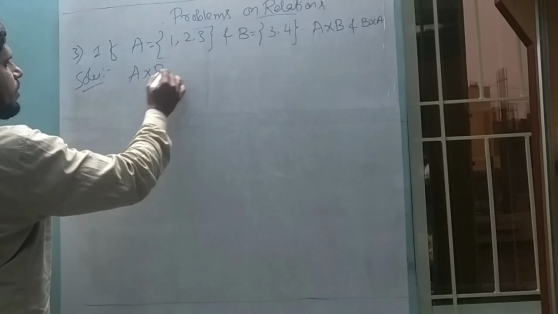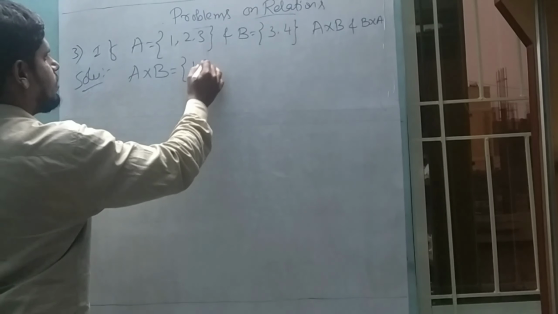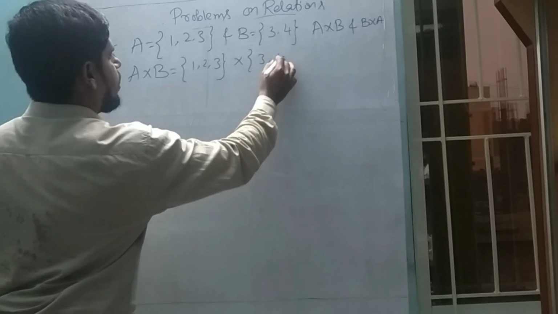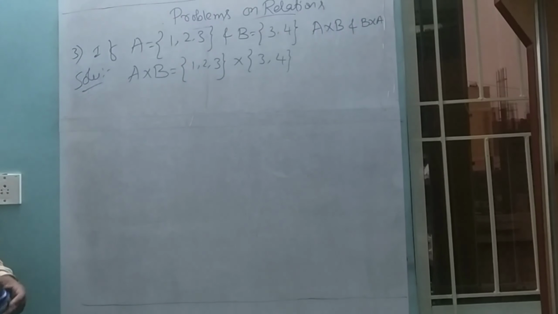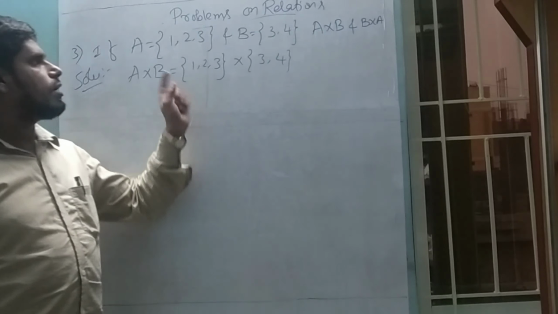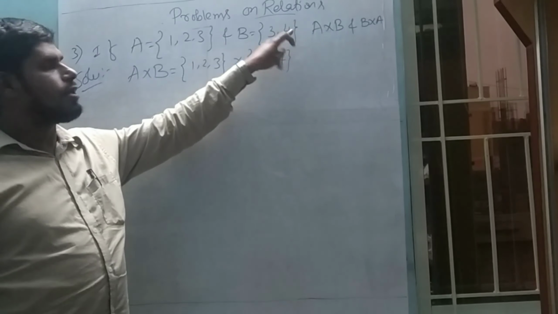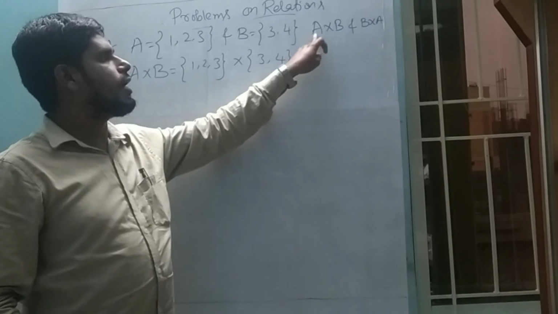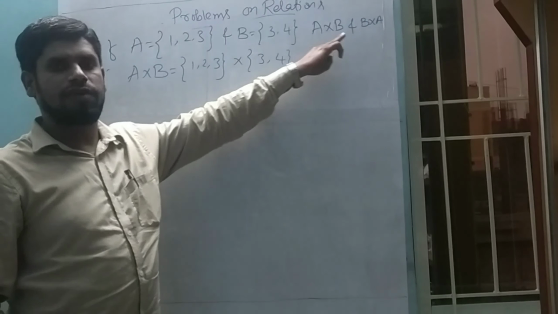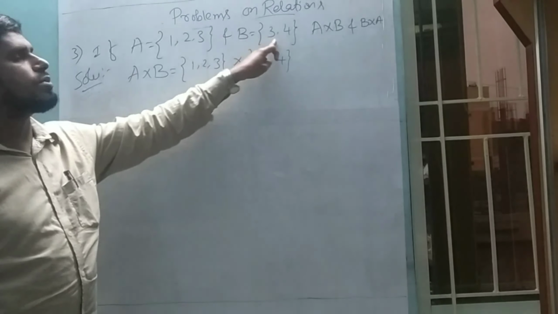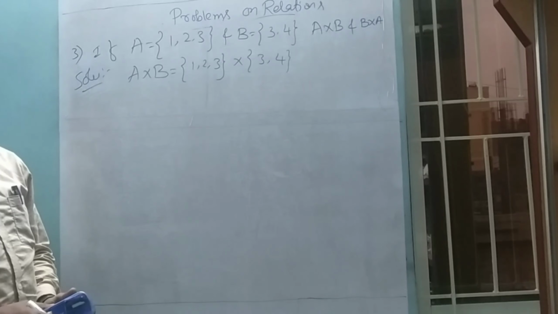A cross B. So here 1, 2, 3 cross 3 and 4. In our previous video, we know that if A has 3 elements and B has 2 elements, then if you take the Cartesian product of A and B, we should get totally 3 into 2, that is 3 2s are 6 elements in the Cartesian product.